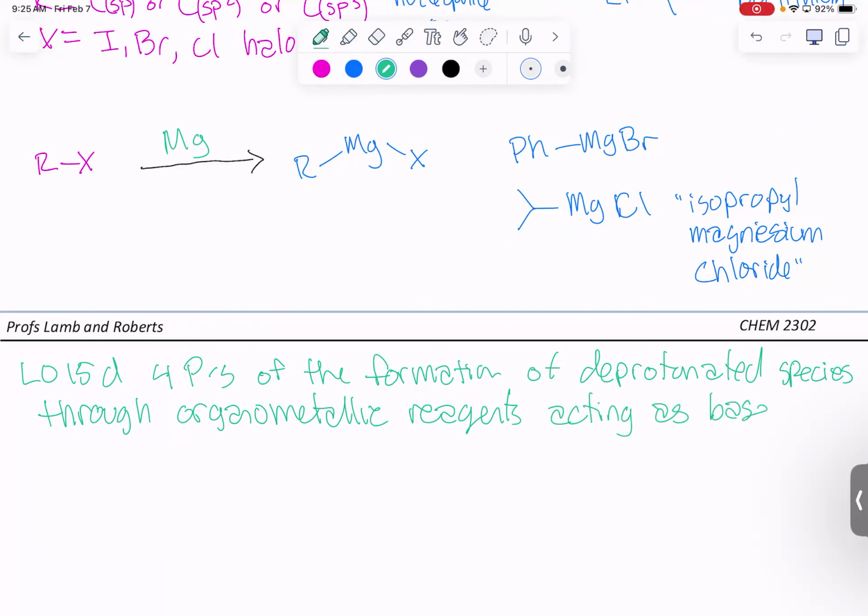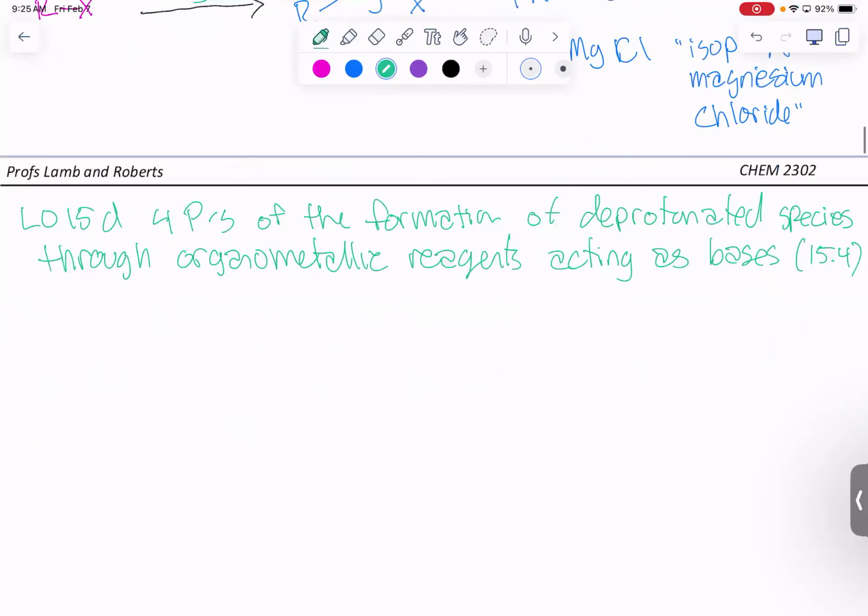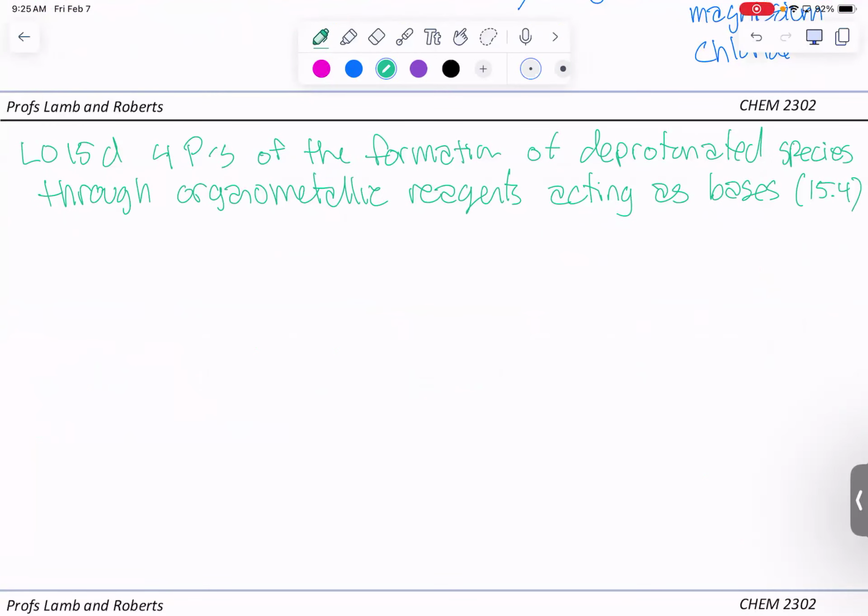All right, and when we're thinking about this in the book, we could look it up in 15.4 is the chapter. All right, so we're going to deprotonate something.